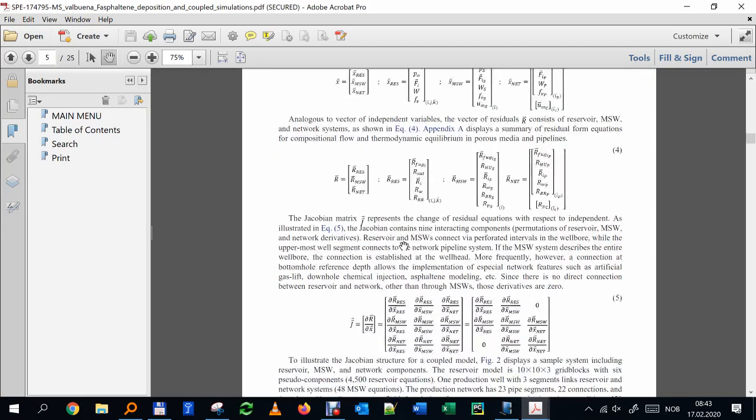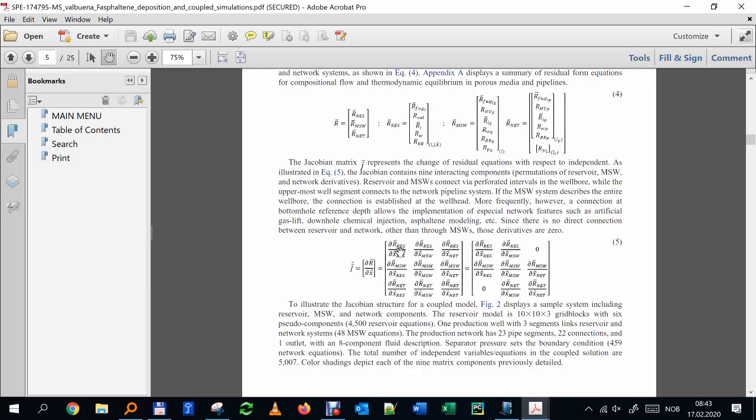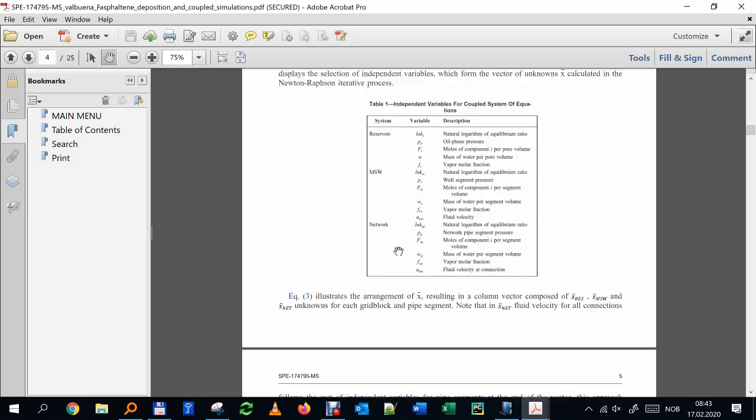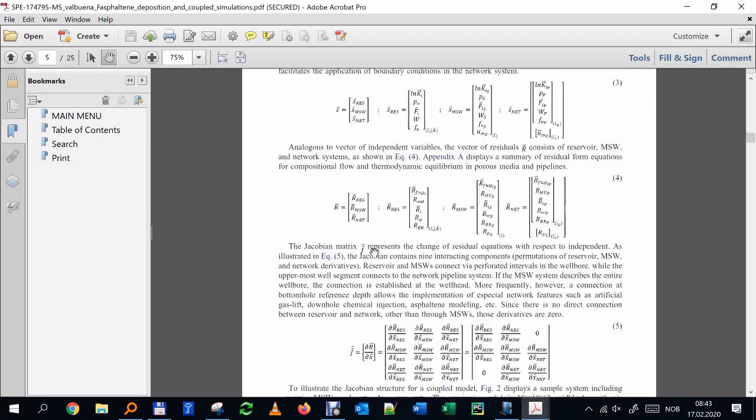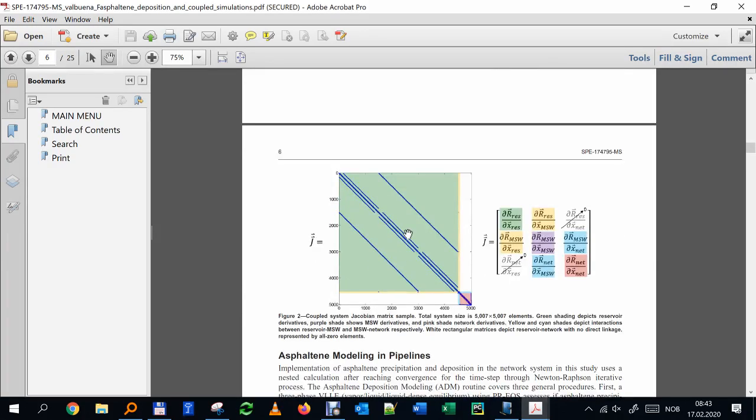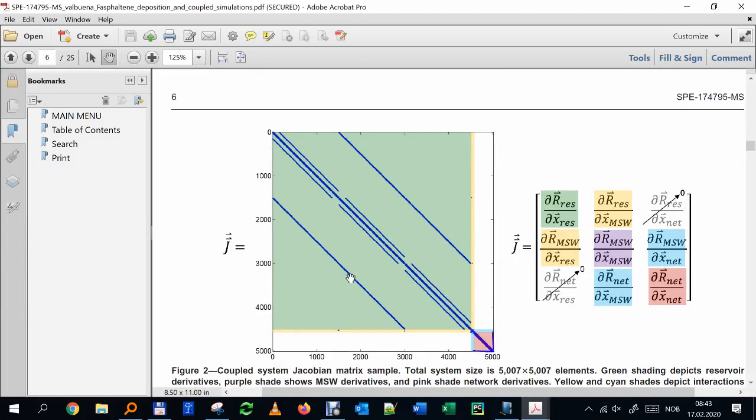Okay, so you have to make a system of equations that you include also, in this case, these authors, they have a reservoir simulator, and they included in this reservoir simulator the network equations. Okay, so if you see here at the end, they're giving an example of the matrix system, okay, where part of it are the reservoir equations, okay, and part of it are the network equations.